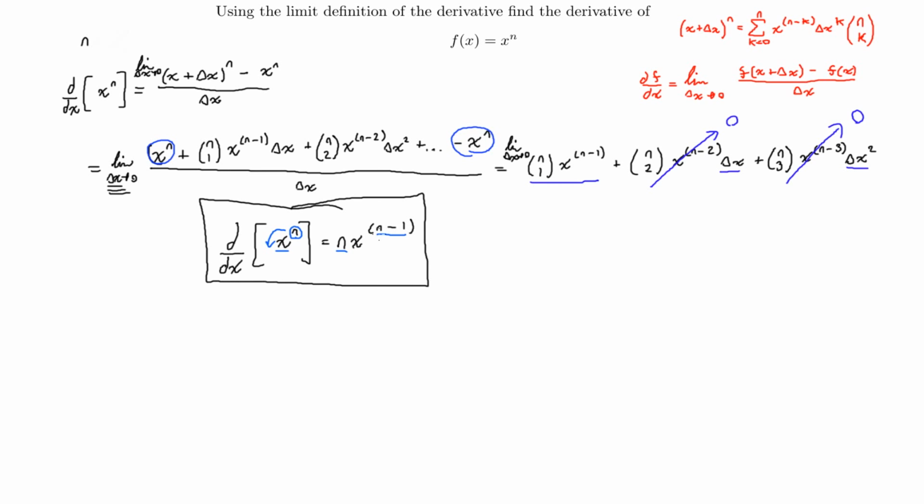And this works for basically any real number, whether it's 5 or 1/2 or -3/7. It doesn't matter. There's no requirement on n. The integer requirement is on k, but ultimately that doesn't matter because it's just the first term that ends up surviving anyway. So there's no requirement on n to be an integer.